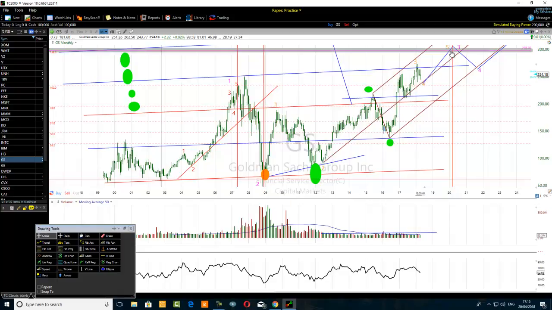We are now in the third wave. As I told you, it's not finished yet, but if it's completed, where are we now? Looking at this supposed third wave of a higher degree, the trending phase that begins at the end of the second wave right here, where are we now?